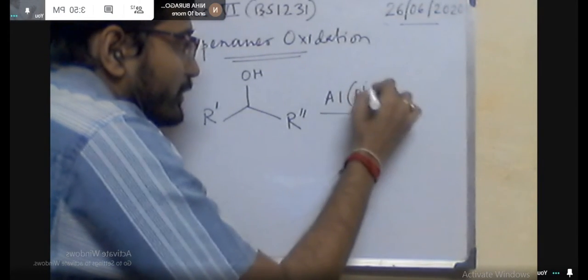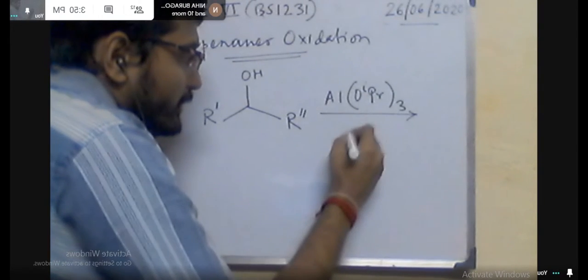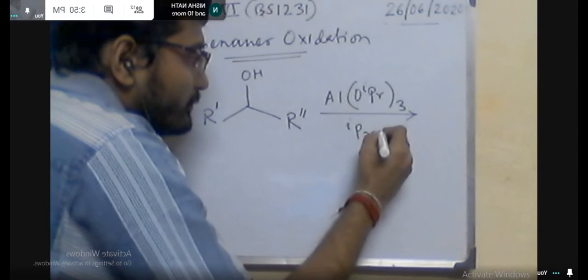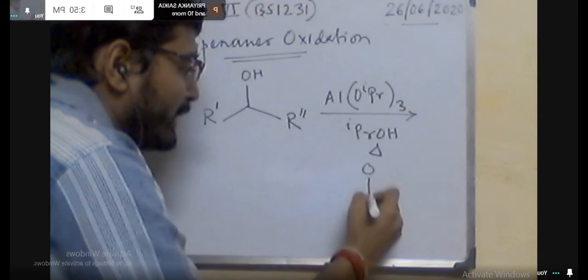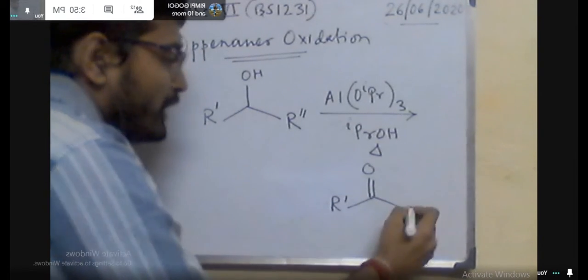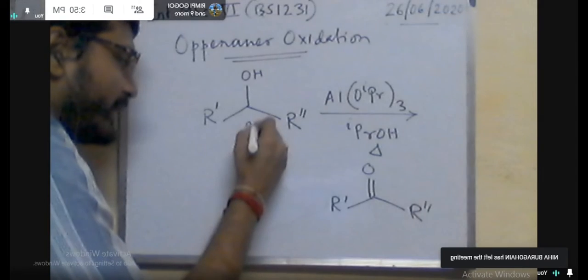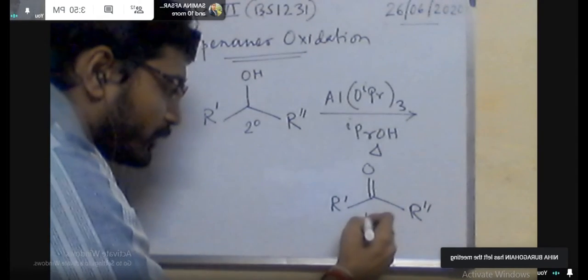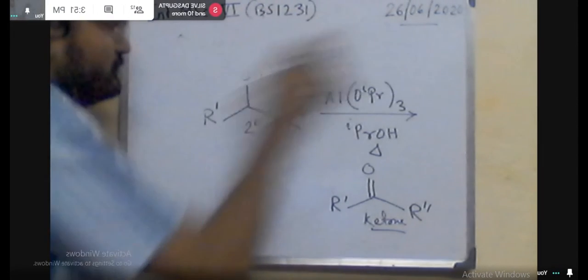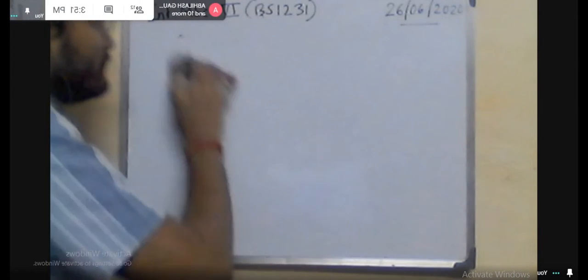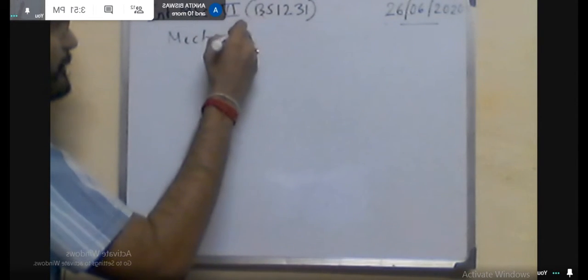Now another reagent used is isopropanol, that means CH3 CH OH CH3, and aluminium isopropoxide. The structure of aluminium isopropoxide is, so we know CH3 CH3, this is the isopropyl group. Okay, or we can write it this way. So this is the isopropyl residue.